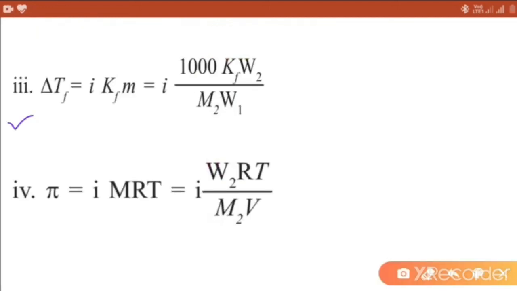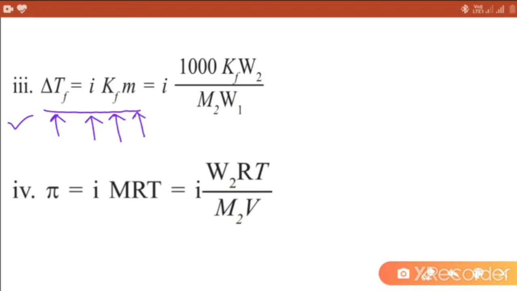For depression of freezing point, delta TF is equal to I into Kf into small m, where delta TF is depression of freezing point, I is Van't Hoff factor, Kf is a constant, small m is molality.